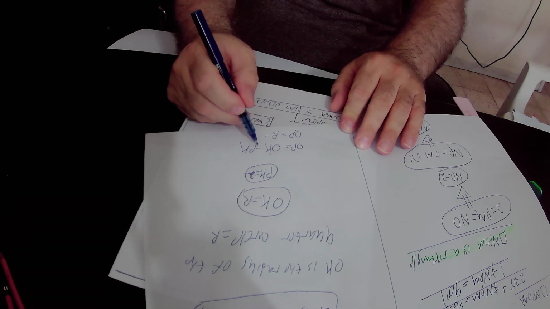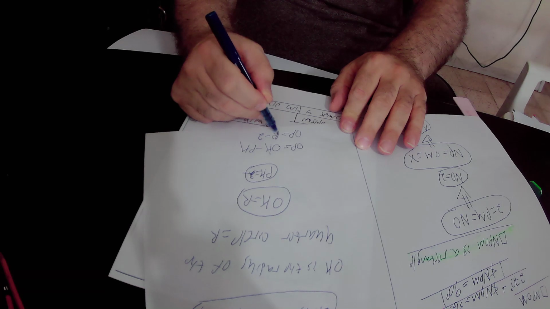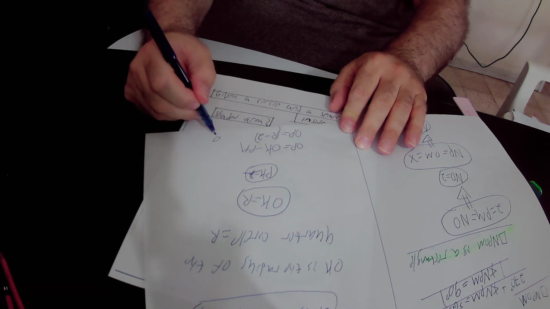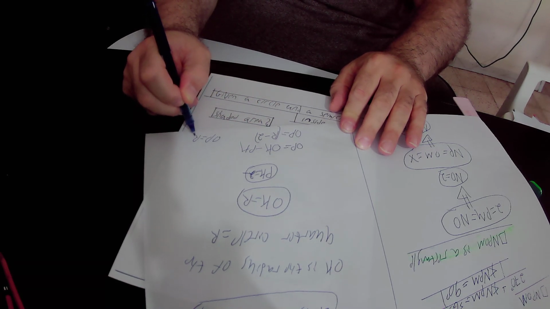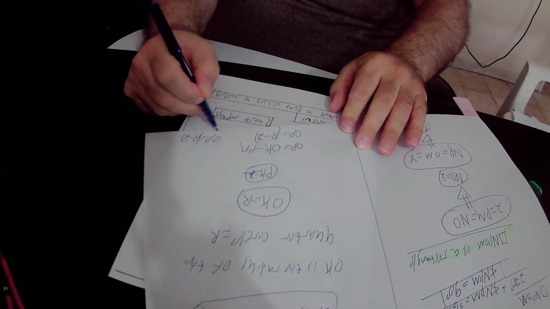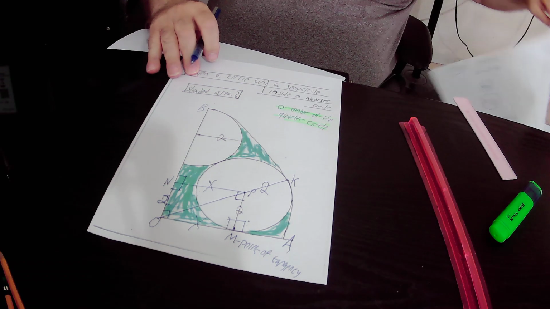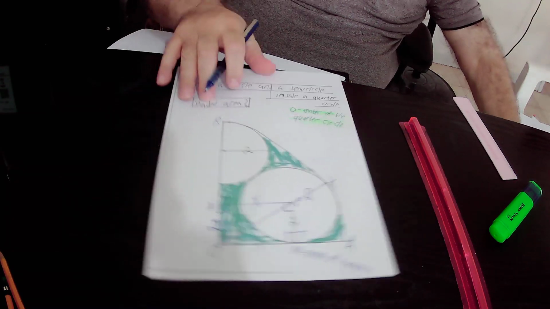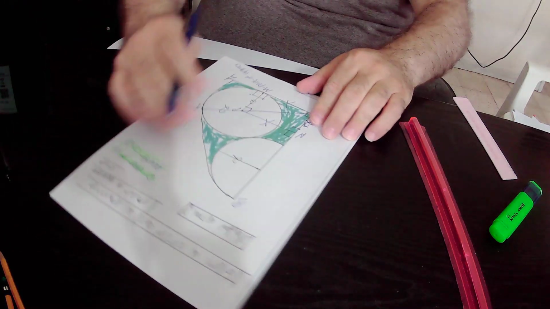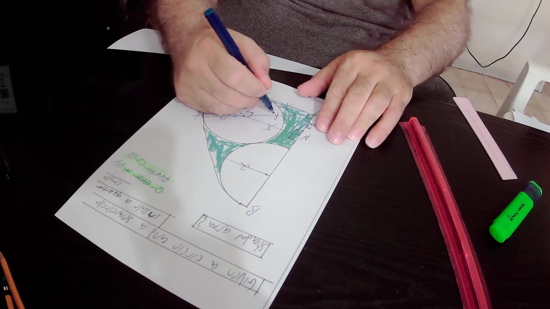PK equals 2 units, the radius of the circle. So in conclusion, we found that OP equals capital R minus 2.